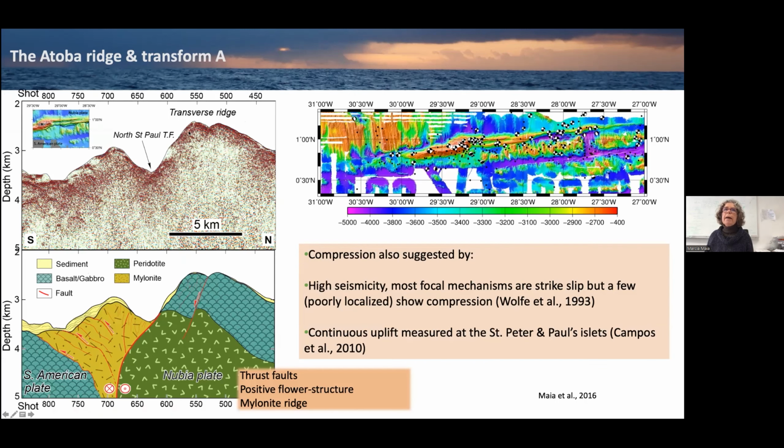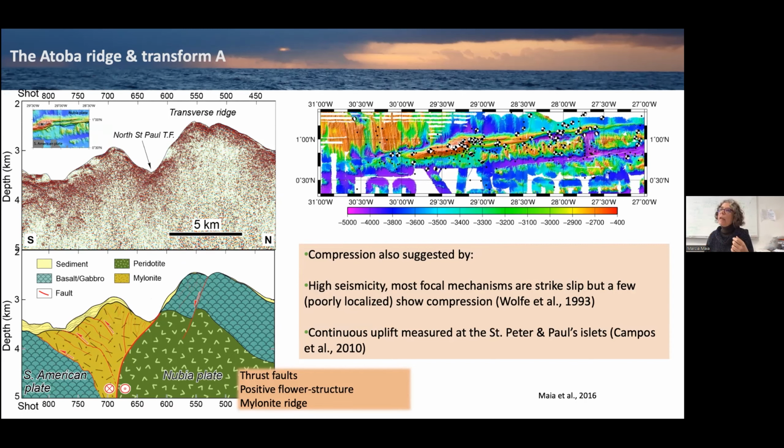So if we look at the thrust faults that we're seeing in the south, a seismic line that we have there shows a kind of positive flower structure, which is actually forming the Mid-Atlantic Ridge, the peridotite Mid-Atlantic Ridge in the center. And there is also additional evidence for compression along the system, because there are a few focal mechanisms that were studied by Cecily Wolf and colleagues, and that show that we have some compression there.